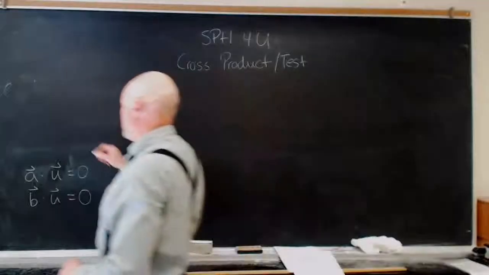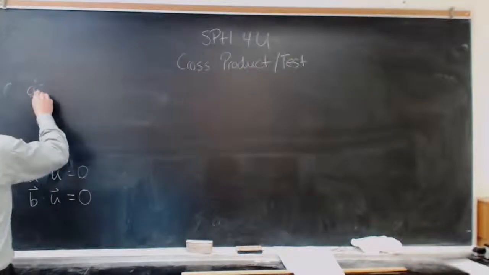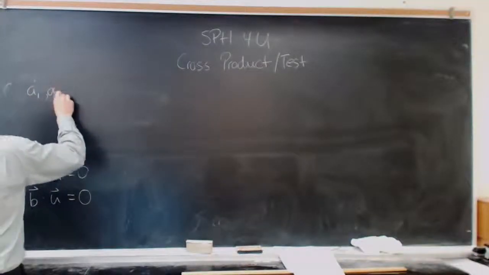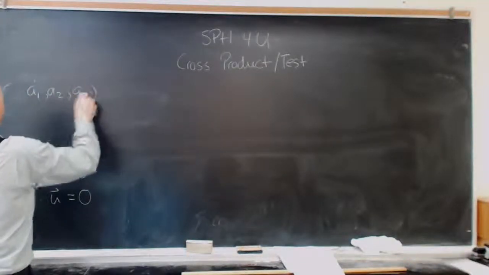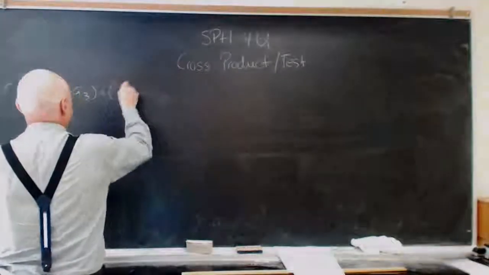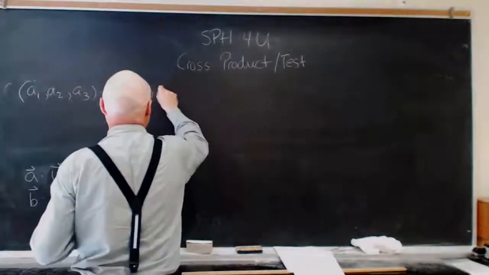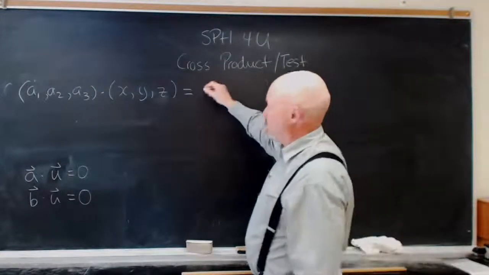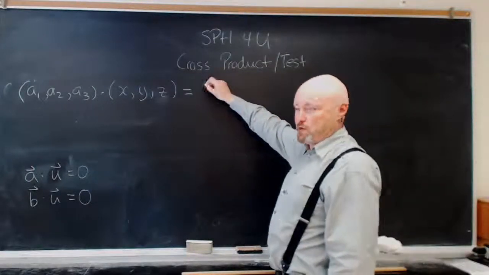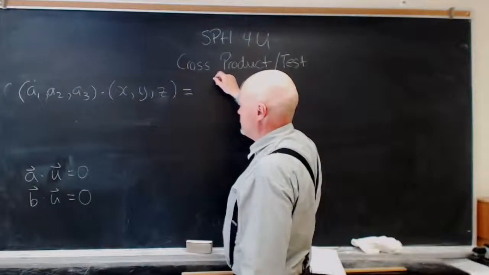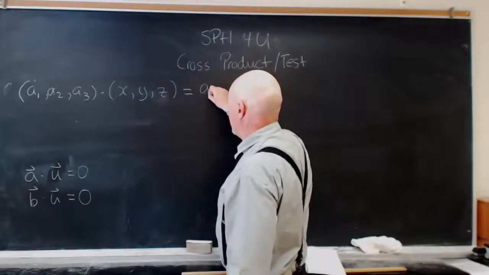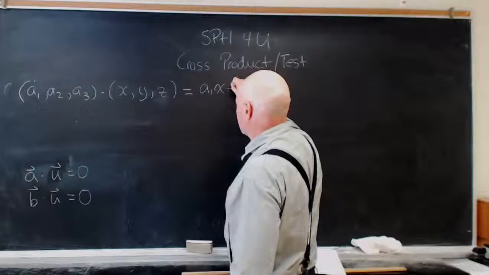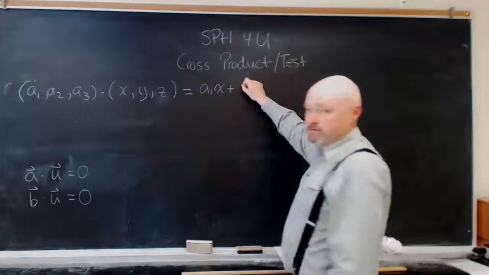So a dot u: a1, a2, a3 dotted with x, y, z. When we do the dot product, what's this going to be, RJ? A1x, plus, keep going.